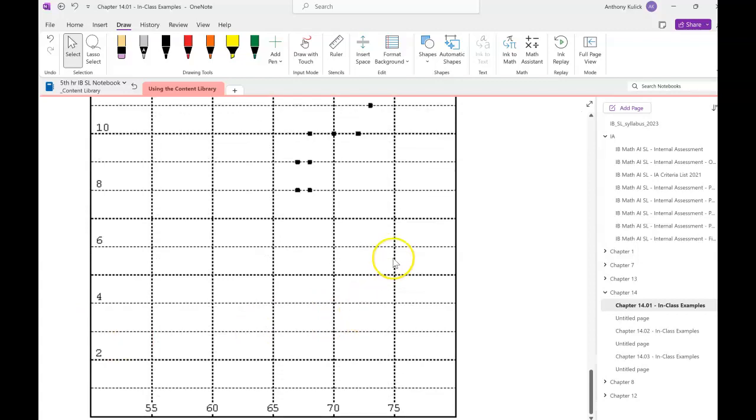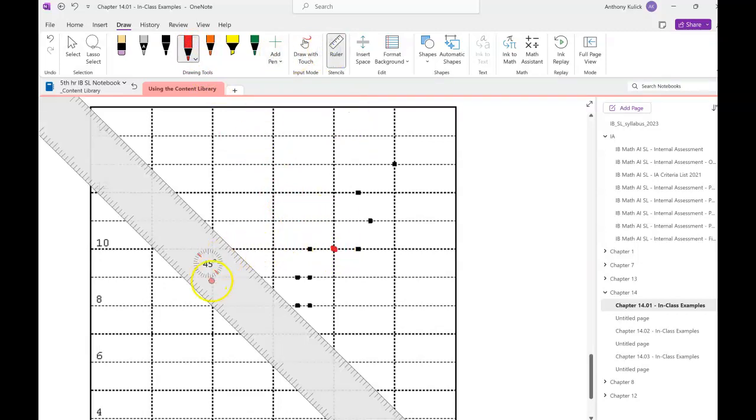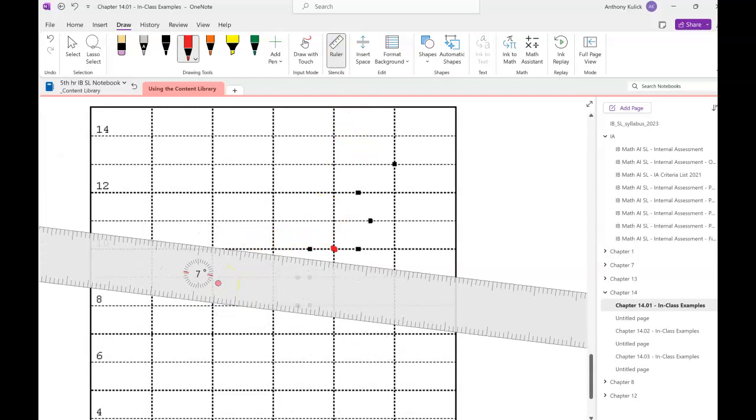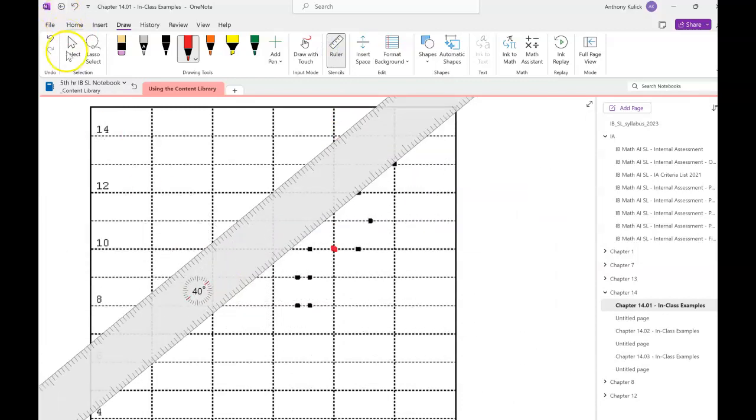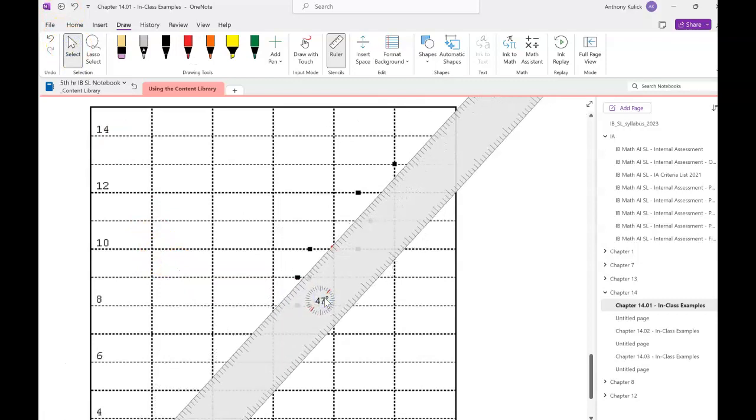So here is my scatter plot. This guy right here is my mean point. So if I'm going to draw my line of best fit, it looks like I have 4 above my line and then 4 below.